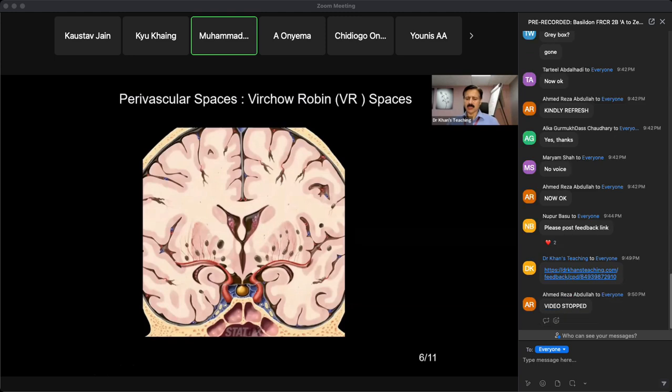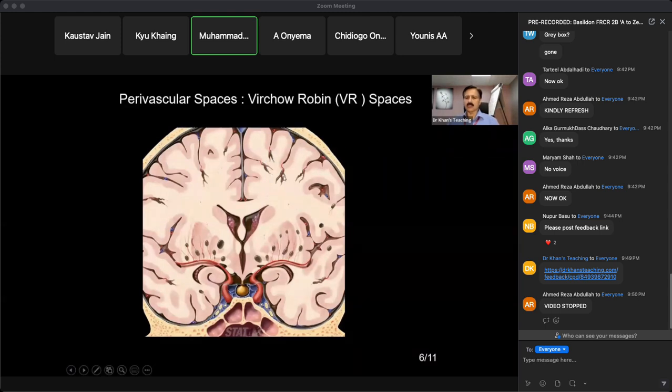Normal variant. In the basal ganglia region, many a times they will be dilated, and don't confuse it with a lacunar infarct. Similarly, they can be along the convexity, the medullary arteries, which go into the sulci. So this one here, this one, this one.